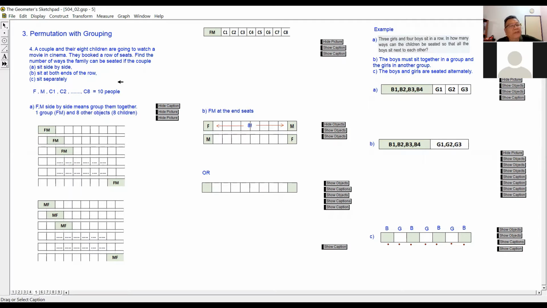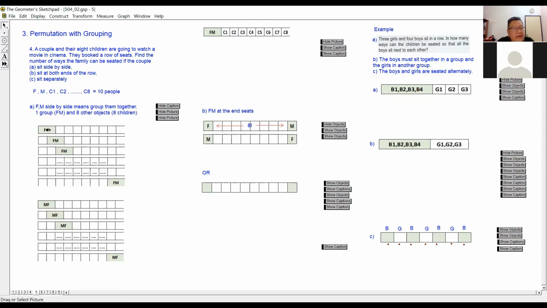Father and mother sit side by side means the father and mother must group together. That means they must be inside one group. You cannot separate the father and mother. So let me show you how the grouping is like.